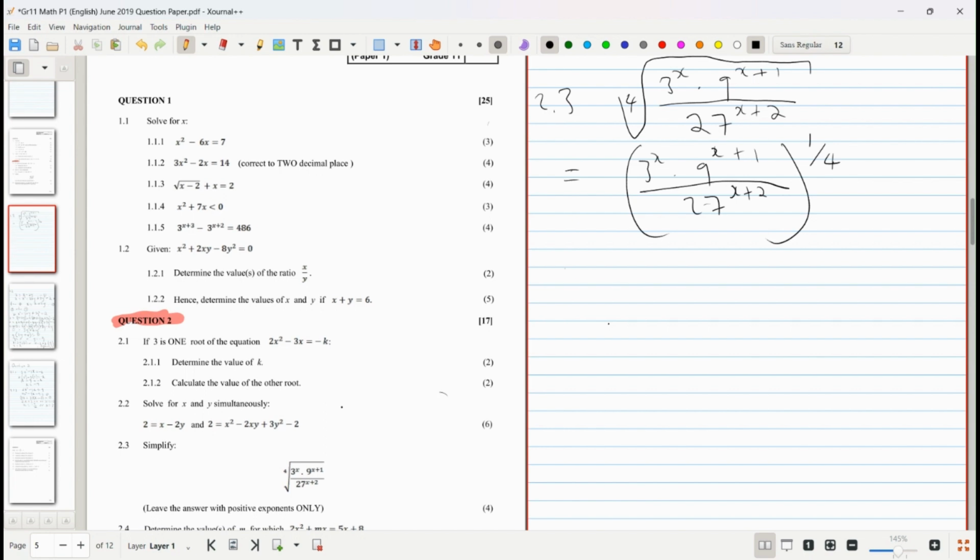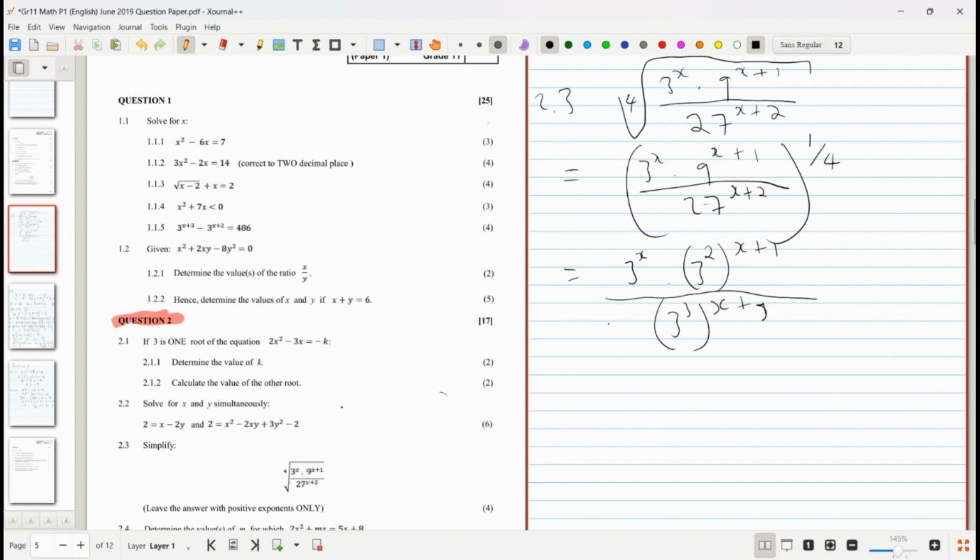So the next step here is to apply our BODMAS. We know in our BODMAS we have to first work out what's in the bracket. So we have 3 to the power x. 9 can be written as 3 to the power 2, and then we have x plus 1. 27 can be written as 3 to the power 3, and we have x plus 2.